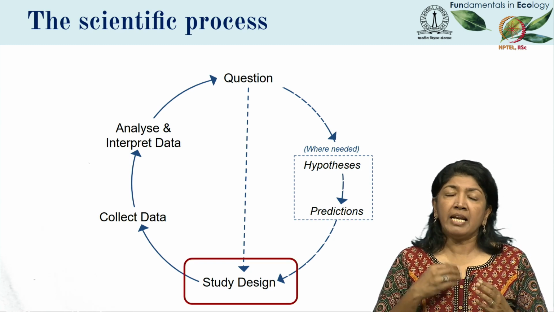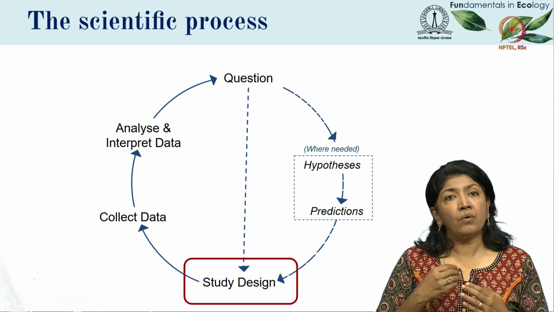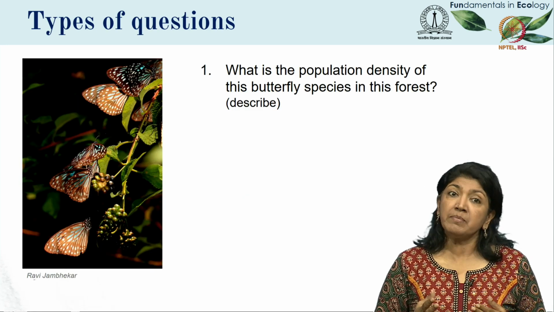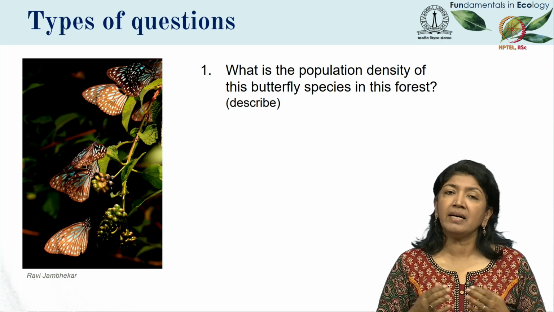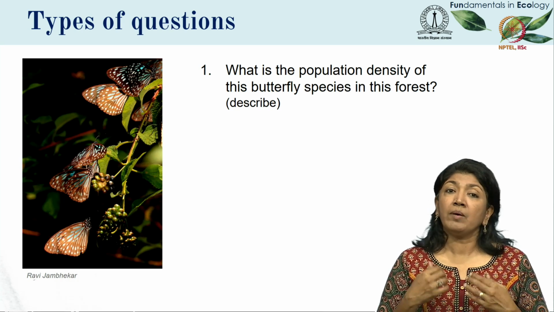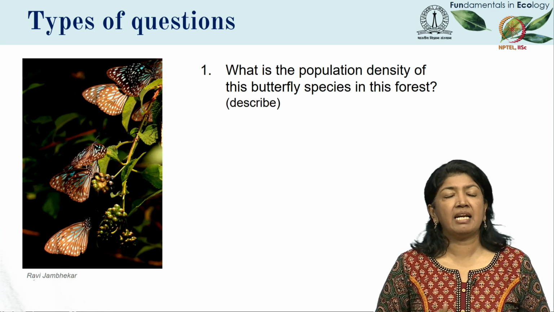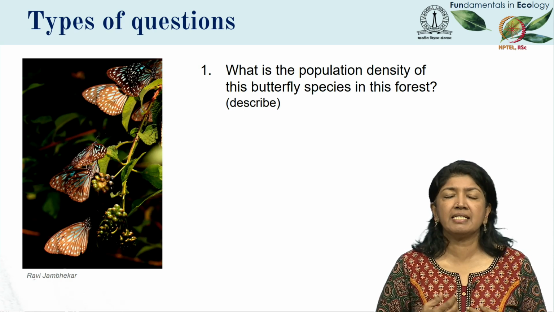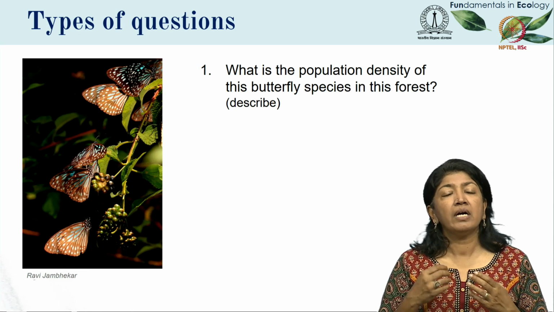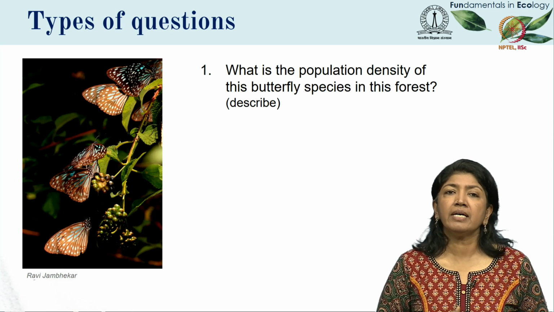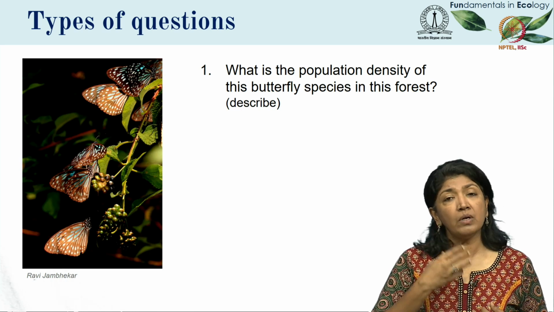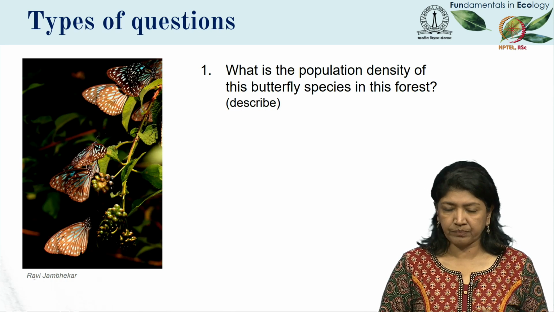Now, let us also quickly go through the broad types of questions that we may be interested in ecology. So, we might want to ask a question like, what is the population density of this butterfly species in this forest? So, here what we are setting out to do is asking a question that is about description. We want to describe a pattern.